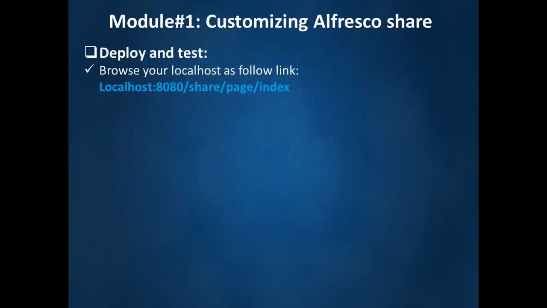Okay, so we will use web script, and by using web script, we'll browse your localhost. Everyone browse his localhost with the following link: localhost:8080/share/page/index, as I explained last time.